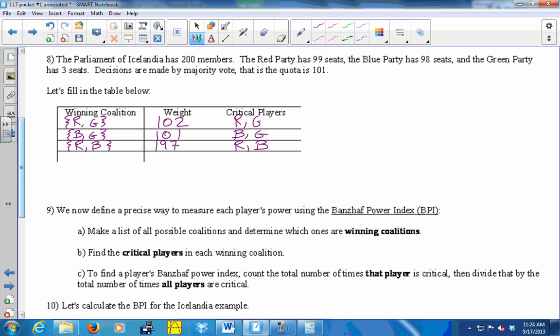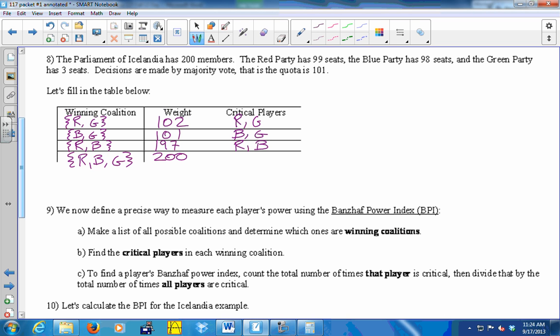Are there any other winning teams? All three of them could vote together: red, blue, and green. They have a total of 200 votes. This is the Grand Coalition. If red says, I'm out of here, blue and green are left. Do blue and green have enough votes to pass a motion?